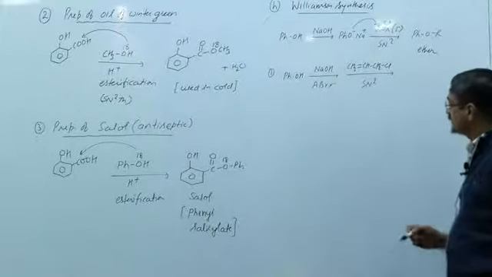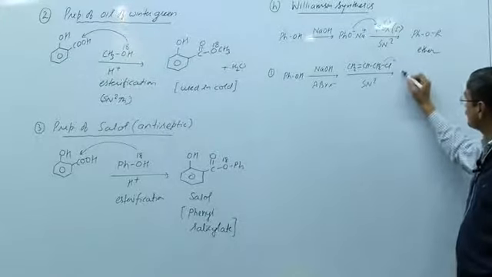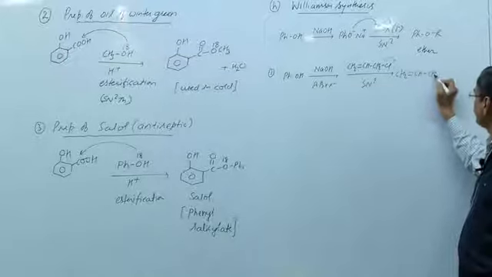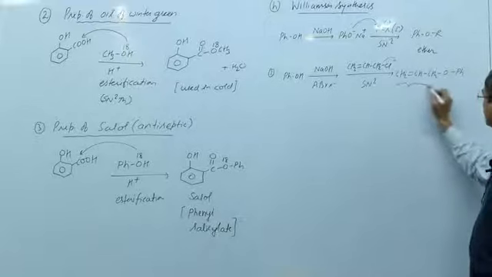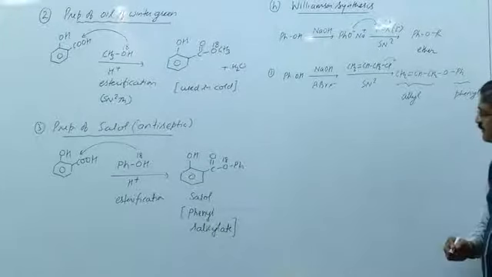Step 2 is an SN2 reaction, and this Cl is removed by phenoxide. So the overall product is, this is known as allyl, this is known as phenyl. So this is allyl phenyl ether.